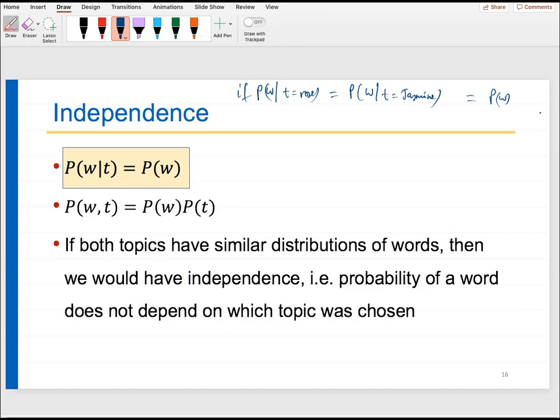If they are independent, if they do not depend on which topic they come from, then they are just P(W), meaning you can ignore the given topic because that does not affect it. Maybe first solve this question.